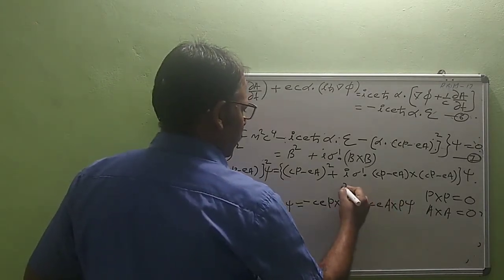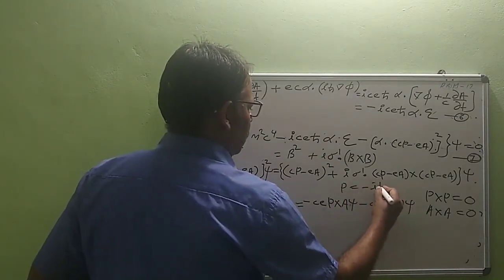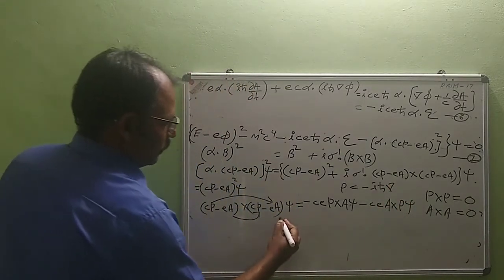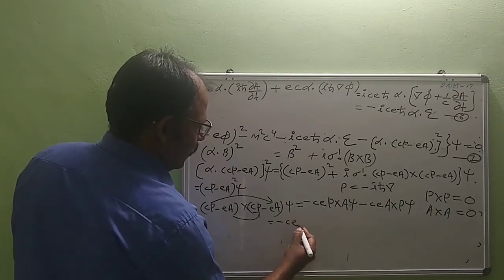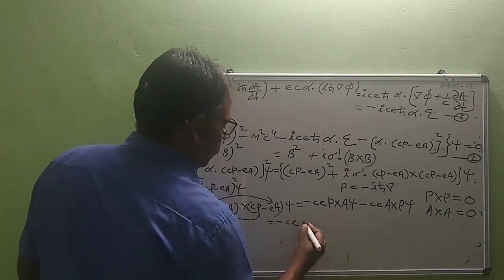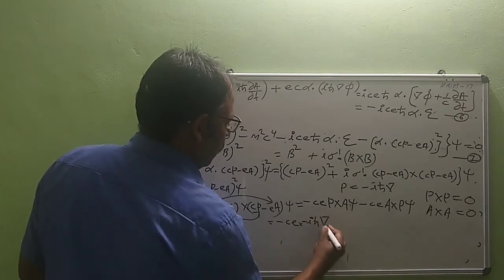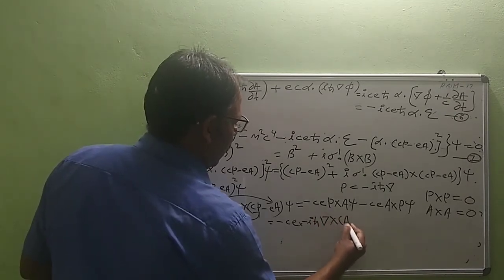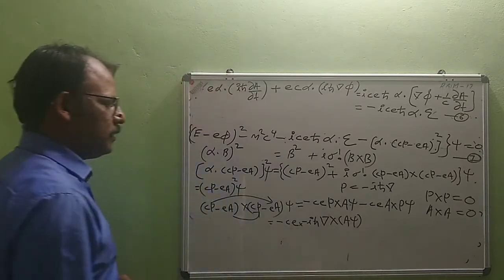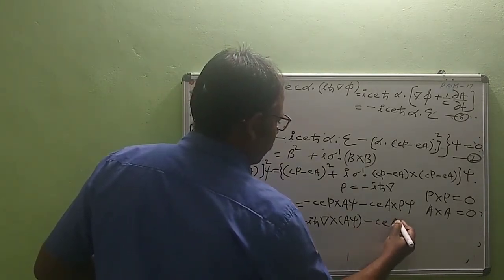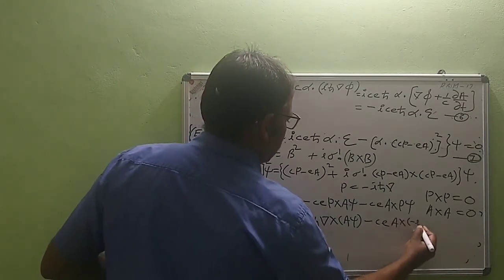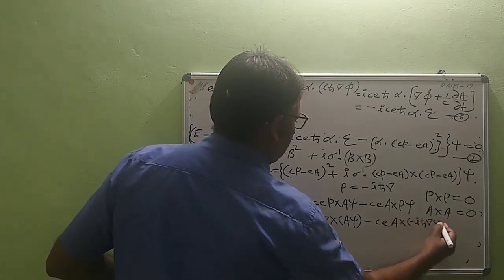Now give the operator P as minus IH bar del. Then this one will be minus Ce, P is minus IH bar del cross A psi, minus Ce A cross minus IH bar del psi.